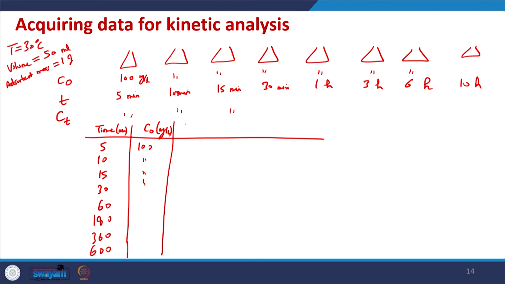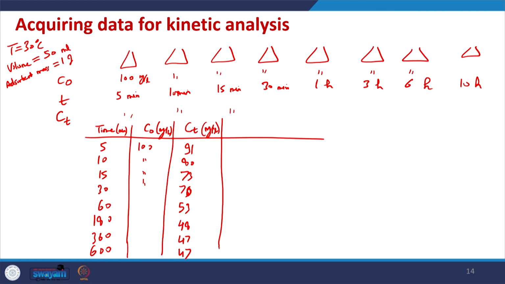After time t we determine the concentration CT, and I am arbitrarily assuming some values. Suppose it is 91 after 5 minutes, and then it is 80, 73, 70, and then maybe 53, 48, then 47, suppose after 600 also 47. So, this is the residual concentration remaining after this time.